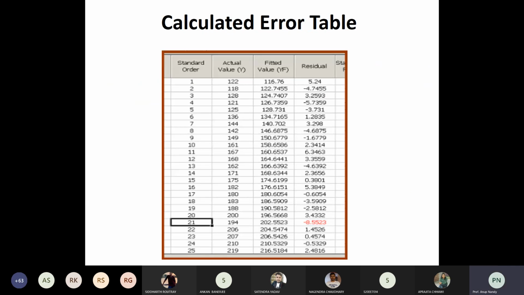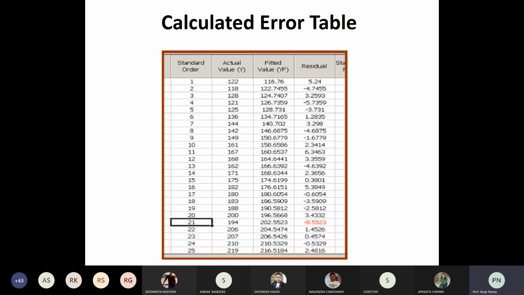Okay. And now if you are computing this error, I mean from these things you have to compute this in standard order: the actual value, then the fitted value, and the next one is called the residual. So for each point you can also find the residual.